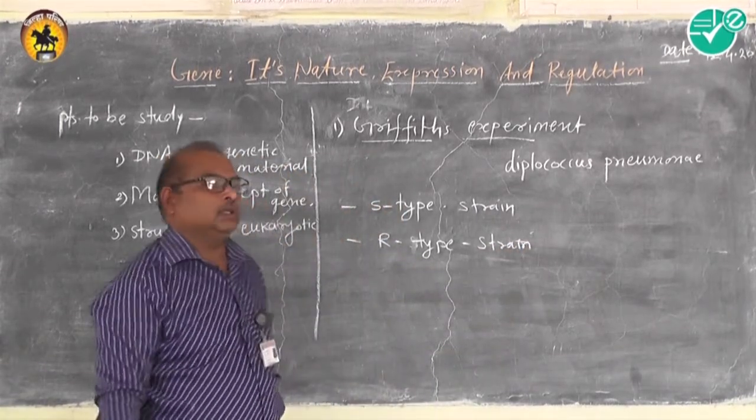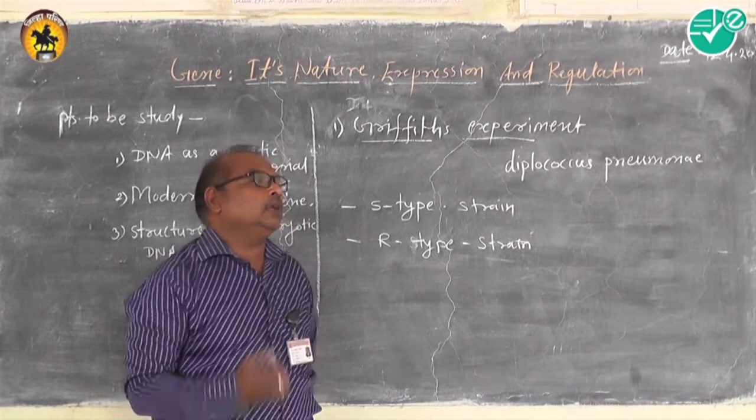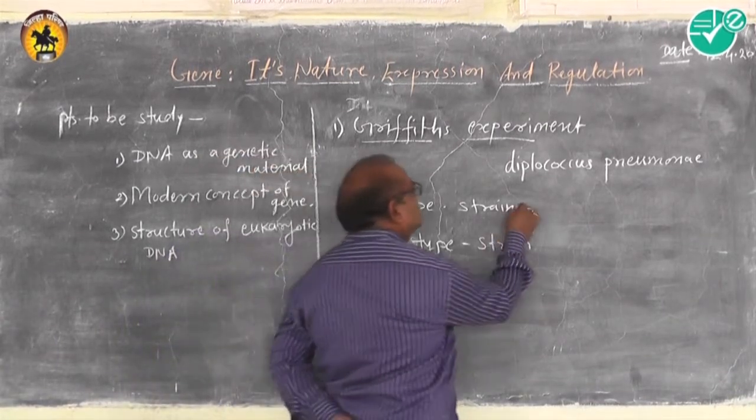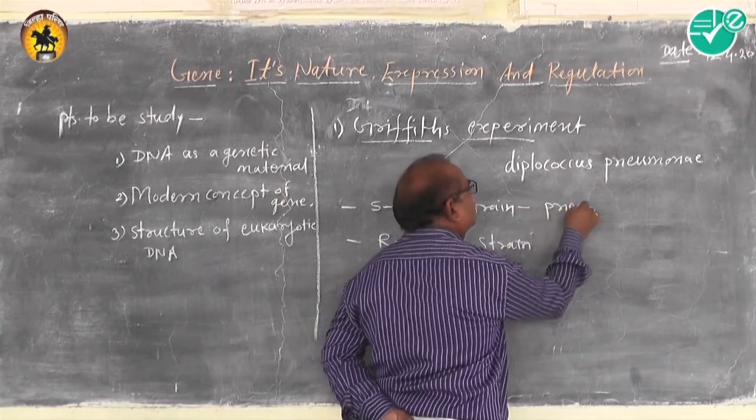S means smooth, or virulent. The S-type strain of the bacterium causes pneumonia.